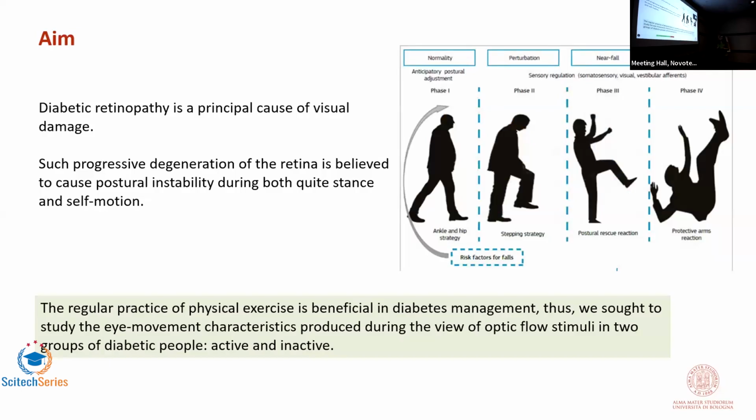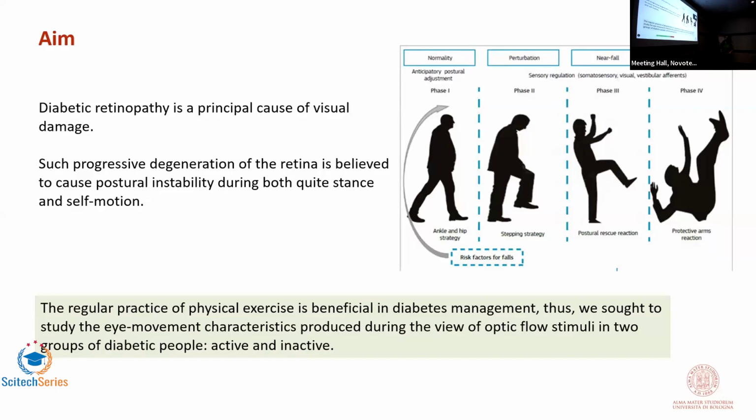I tell you our aim in this very big experiment. Diabetic retinopathy is one of the principal causes of visual damage in the diabetic population. This progressive degeneration of the retina is believed to cause postural instability, both during quiet stance and during locomotion.